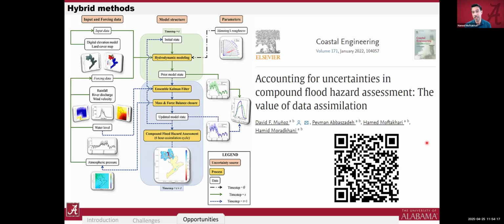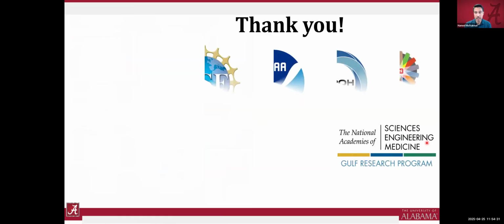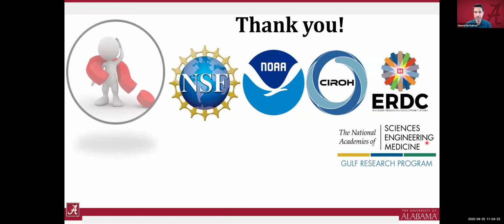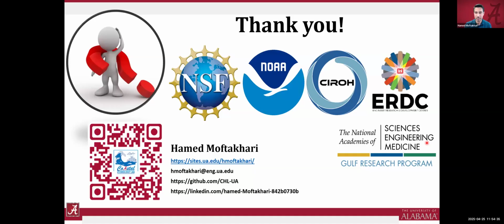This is another example that we thought is going to be very helpful for forecasting and warning systems, to provide reliable and accurate information to end users much more accurately and efficiently. I will stop here and hand it to the next speaker, and we'll be happy to take questions afterward.